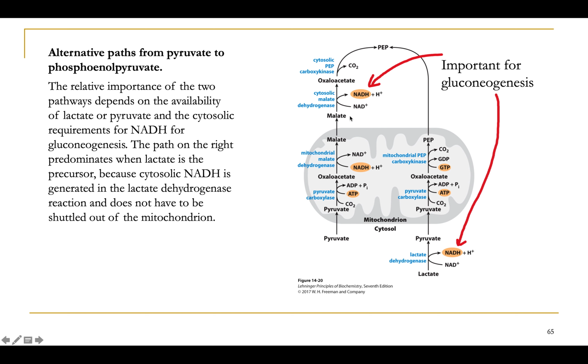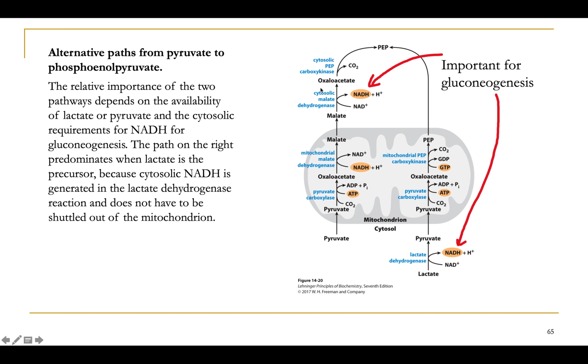So in the cytosol, there is an analogous enzyme as compared to mitochondria, which is called malate dehydrogenase. Both mitochondrial and cytosolic enzymes are very similar, so they perform the same operation.